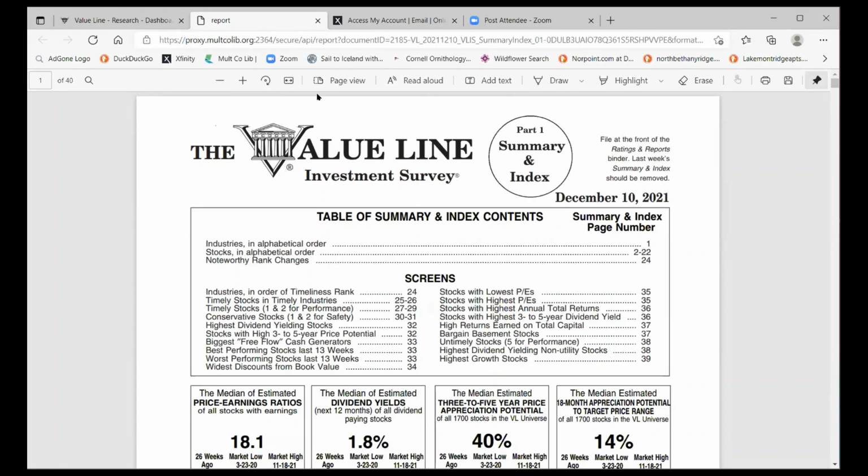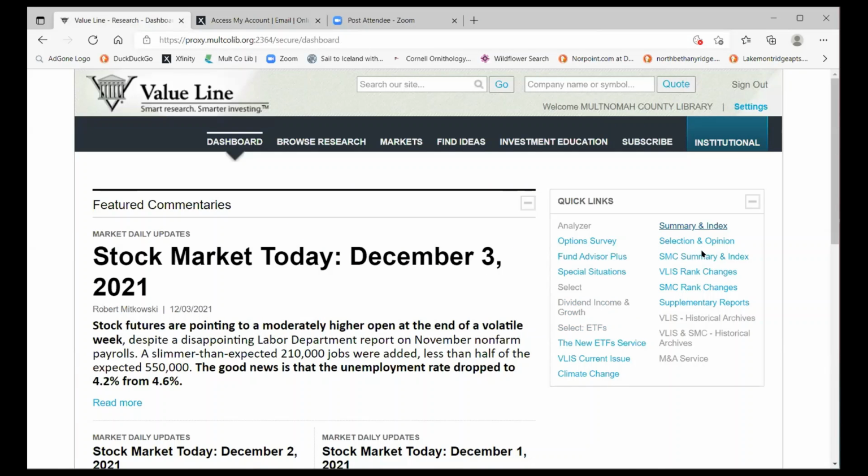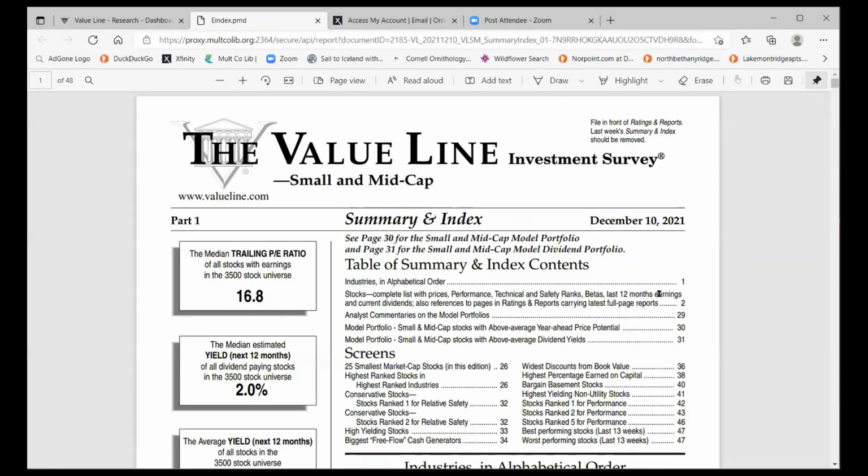Available to you. Okay. So after I've gone through this and again done the download, then I come to the next one, which is actually what I do. I'll really do it in the order I do it. Then I go to the small and mid-size. I don't spend much time in the small and mid-size.